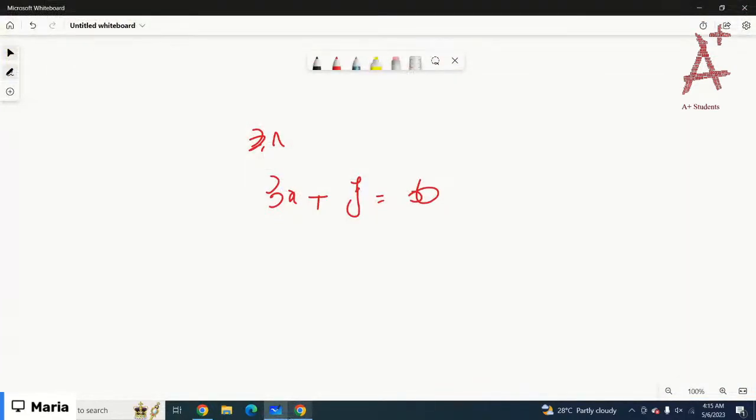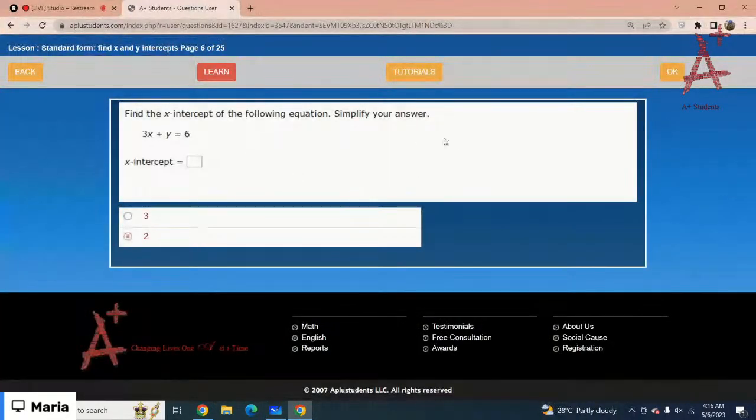It would be 3x equals 6, so x equals 2. So the correct option is x equals 2.